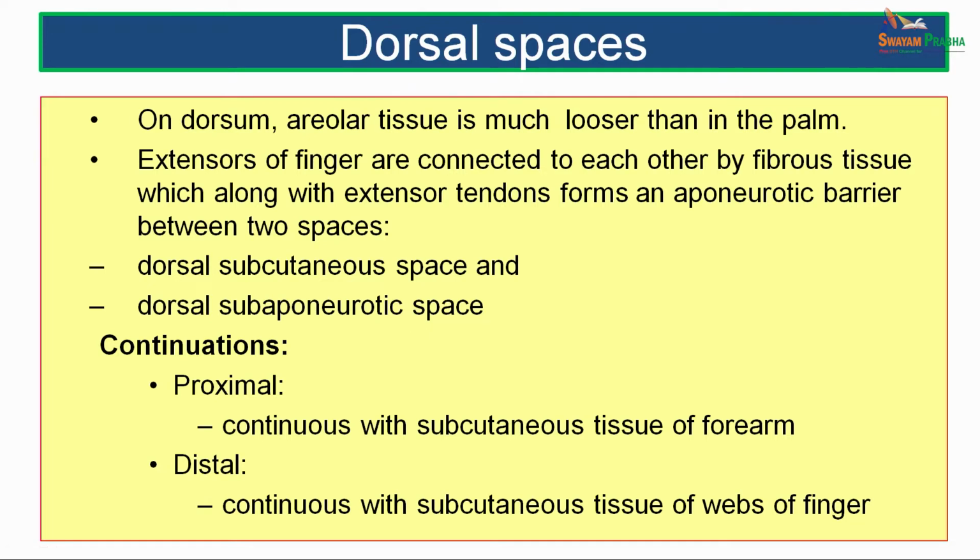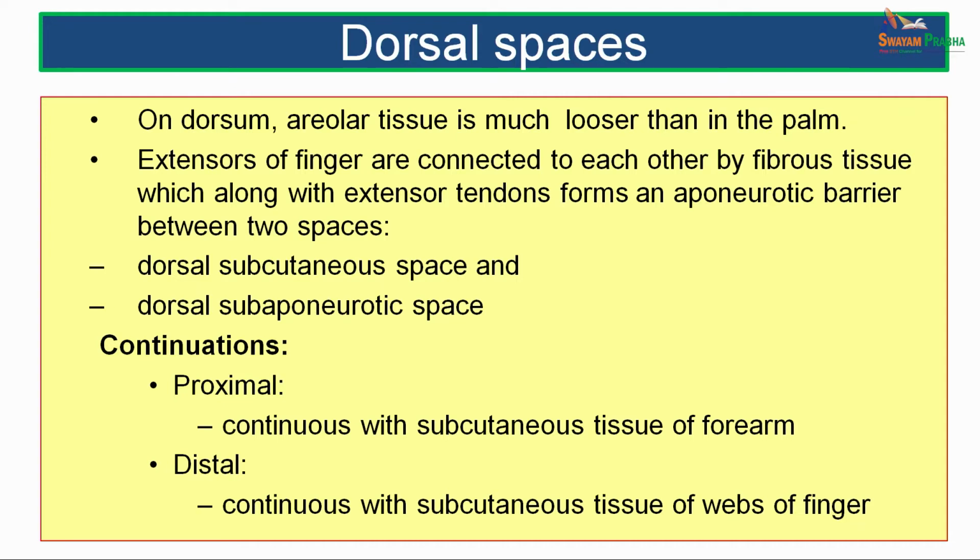On the dorsum, the areolar tissue is much looser than what is seen in the palm. The extensors of the fingers are connected to each other by fibrous tissue, which along with the extensor tendons forms an aponeurotic barrier between two dorsal spaces.